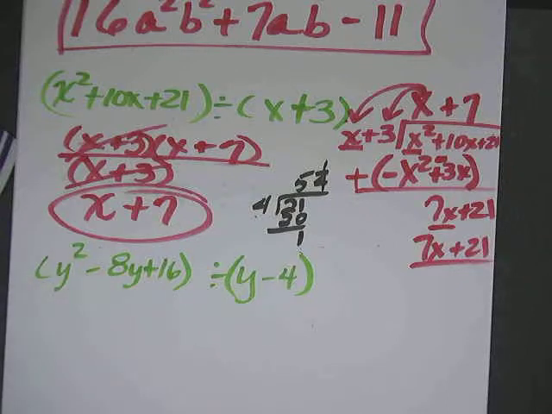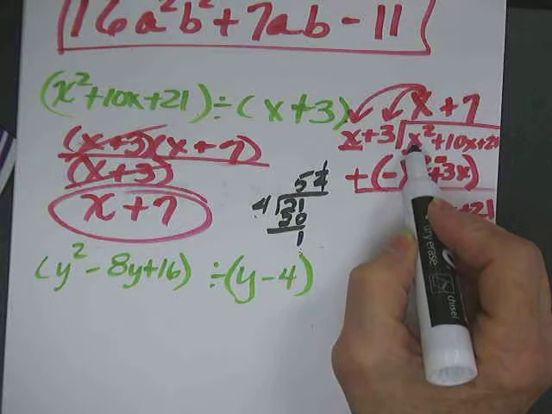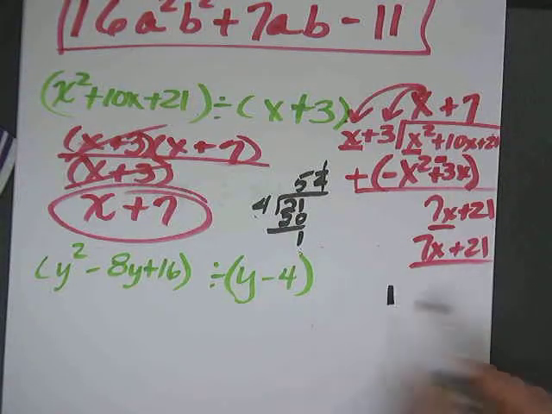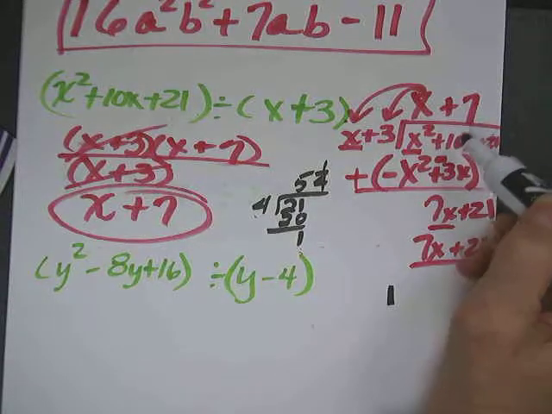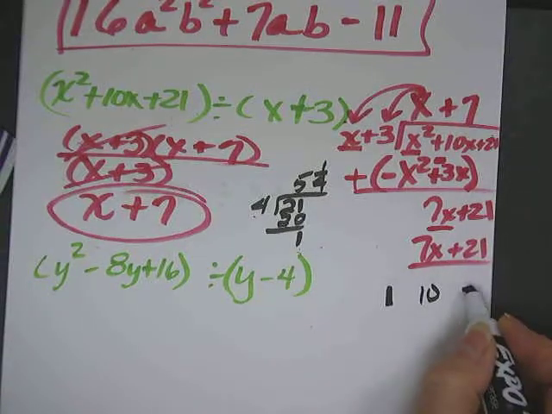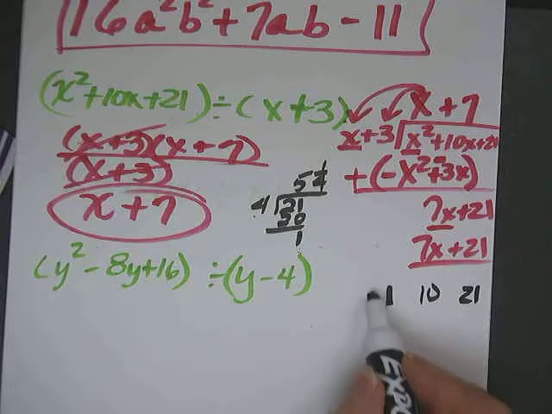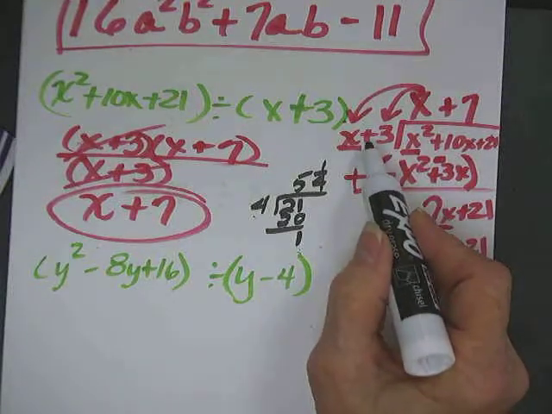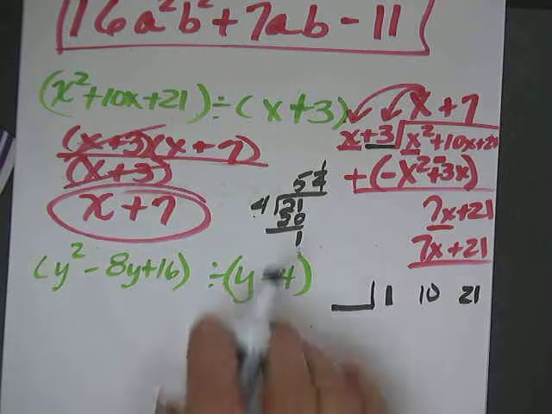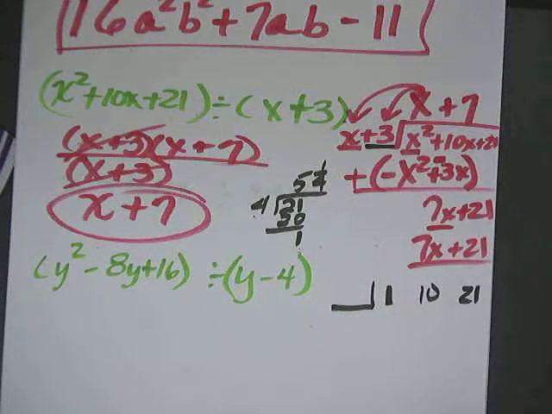Actually, there's a quick way to do it. Let's do this the quick way. Okay? There's actually a way you could do it. What's the coefficient of the x squared here? 1, right? The coefficient of this is 10. Coefficient here is 21. Okay? And what they do is they divide it by, they change this to -3 here.